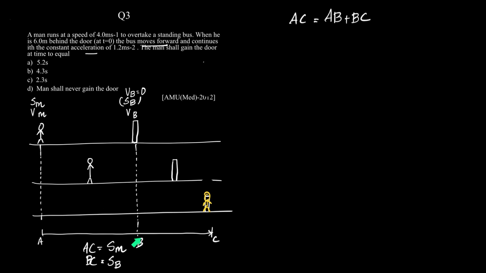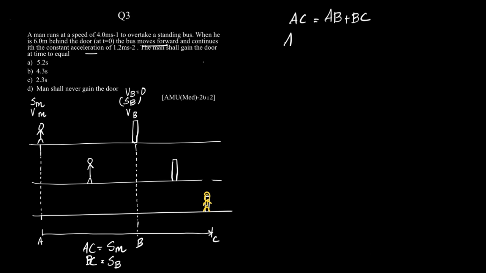A is the initial position of the man and B is the initial position of the bus, which means AB is the difference between the initial positions of man and bus, which is given in the question as 6 meters. Once again, A is the initial position of the man, B is the initial position of the bus, which means AB is the difference between the initial positions of man and bus, given according to the question as 6 meters.